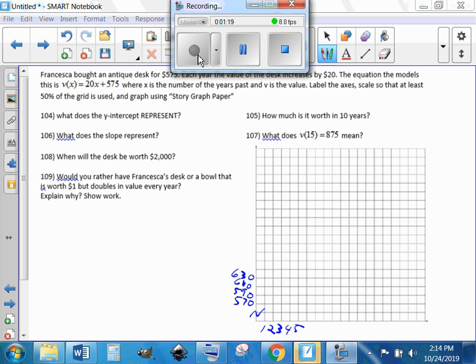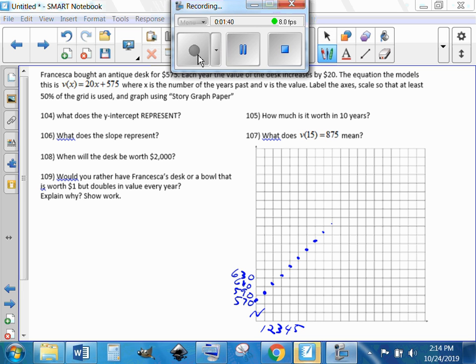So now to graph it, I need to start at 575. So that's somewhere between 570 and 590, a little bit closer to 570. And then I'm going up 20, which is 1 box worth, over 1. Up 20 over 1, up 20 over 1. So every time I'm just above that y value.